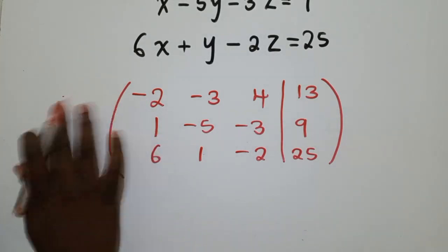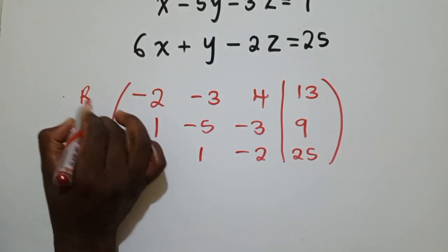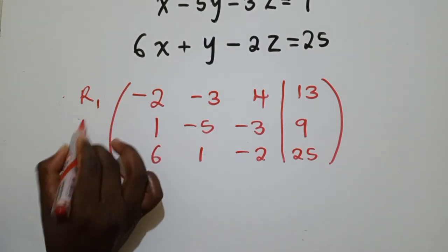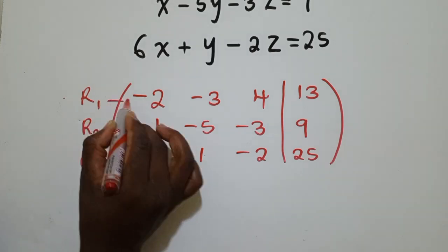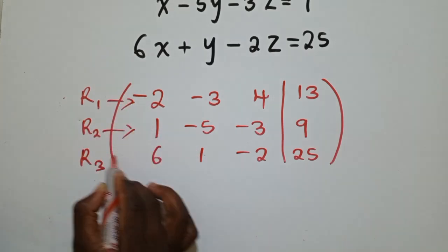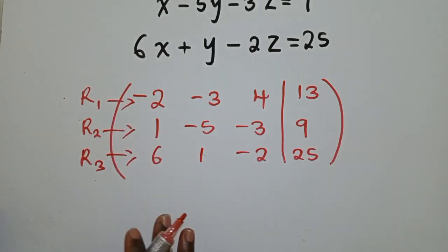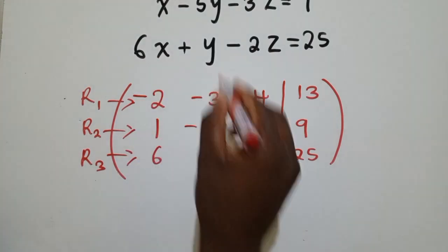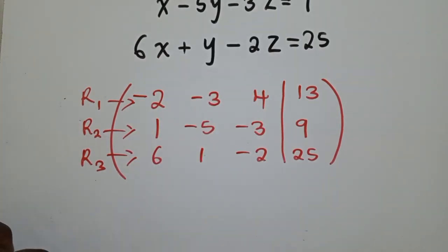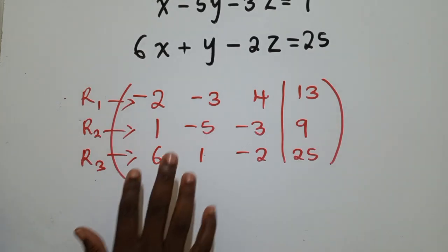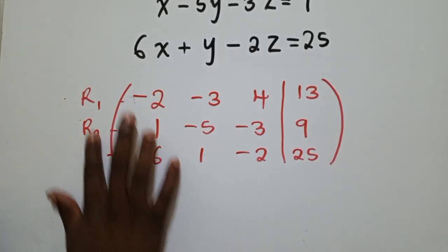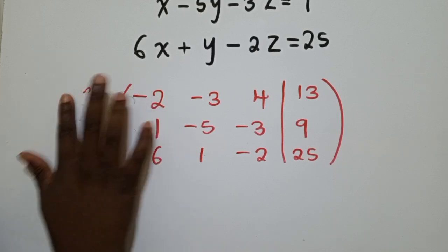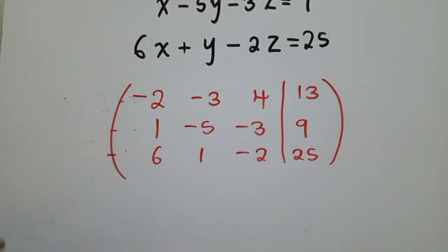Let me write the arrows so that you know: row 1, row 2, row 3. So these are rows, and these are columns. For row reduction, we mostly rely on rows. That's where the name row reduction comes from.